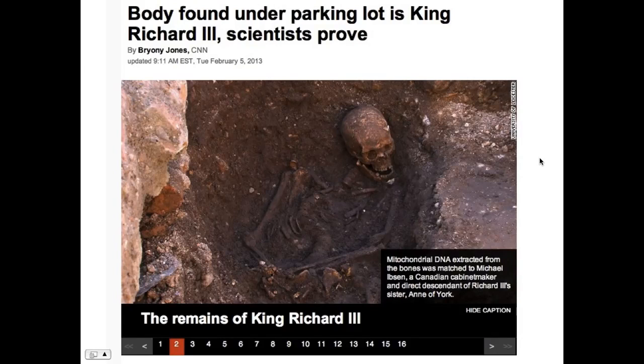I believe it was near a parking lot somewhere in England. And what they did is they extracted some DNA from the skeleton, and based on other DNA banks they had available from relatives descended from King Richard III, they were able to figure out that it was indeed this king who had been missing up until now. So very powerful tools we have at our disposal.